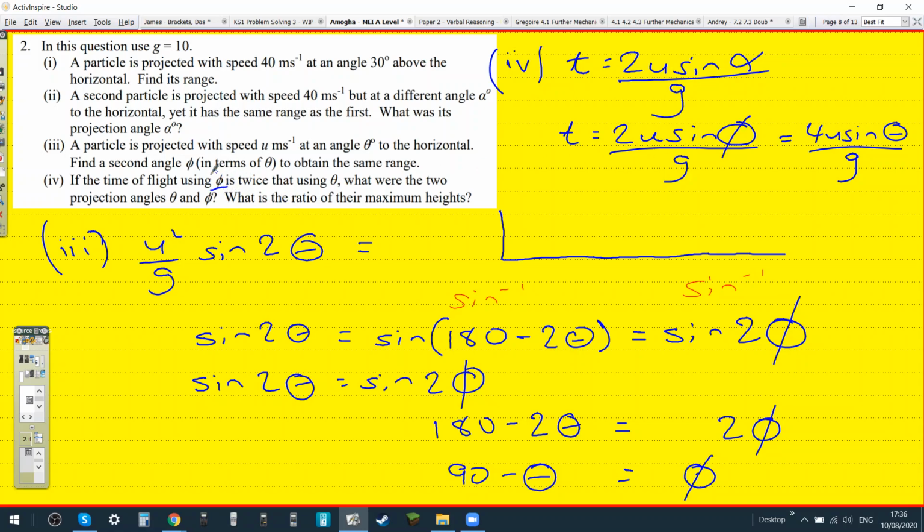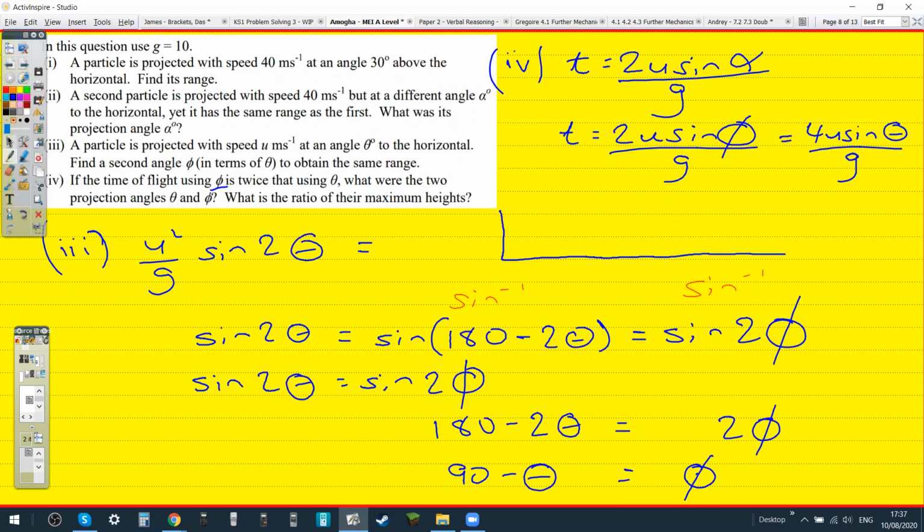Using, I'll call it null, gives you twice as much, so you have to multiply the other one by 2 to get them equal. No, you have to multiply the weird one by 2 because it's double the time of flight. But its flight time is twice, isn't it? Yeah. So to make them equal. Why would you multiply theta? Because theta is smaller. So to make them equal, you'd have to. Oh yeah, okay, that's true. I confused myself.